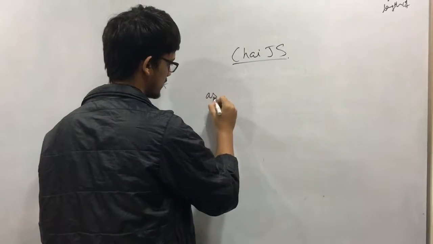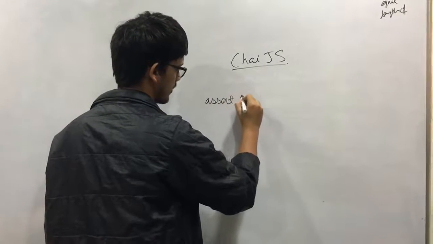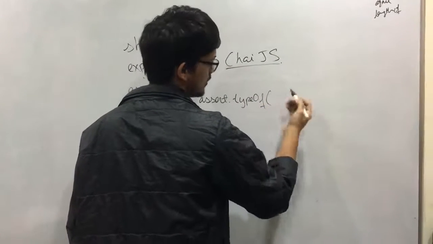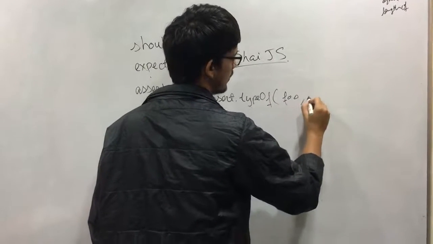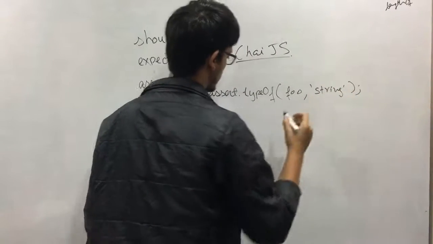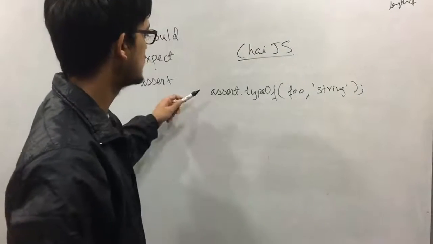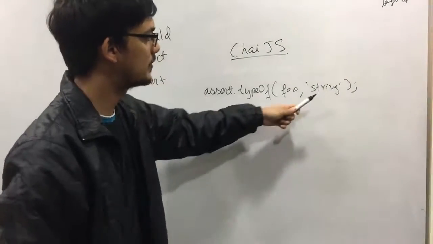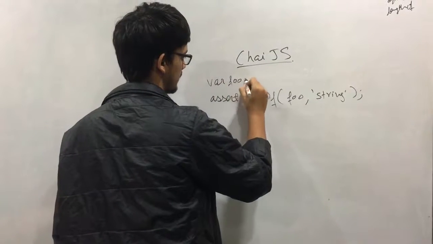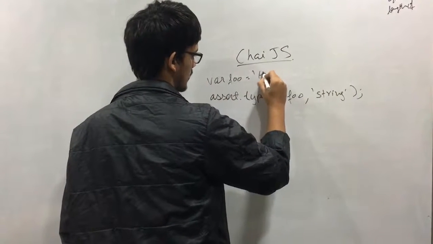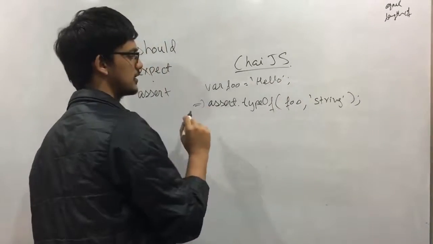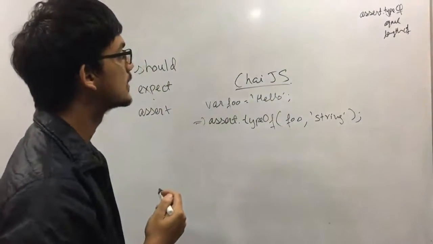Let's suppose we want to assert the type of, let's say, variable foo to be a string. Now what this test case is doing is it's asserting that the type of foo should be string. Let's say we define foo as a string, hello. So this is how you'll assert.